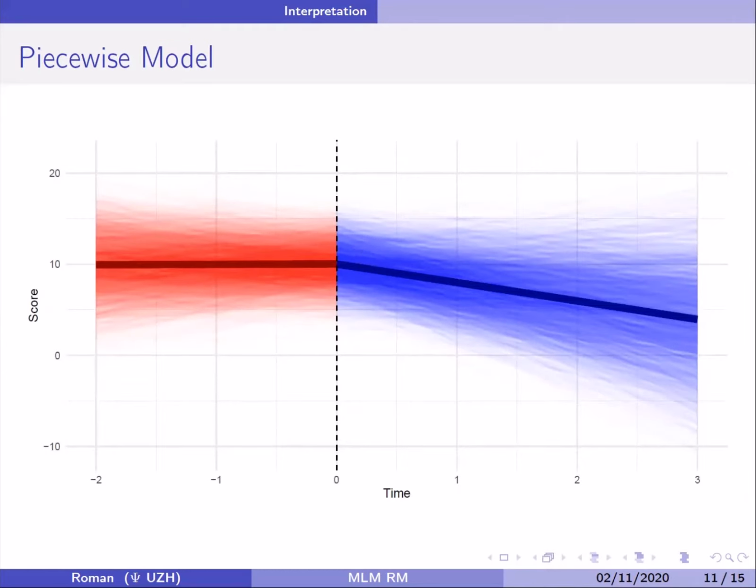So 64% fall within plus or minus 1 standard deviation. 64% of the participants are between about 8 and 12, and then 98% within 14 and 6. So these individual trajectories show us that we have some variance right here around our intercept, and that is the random effect.